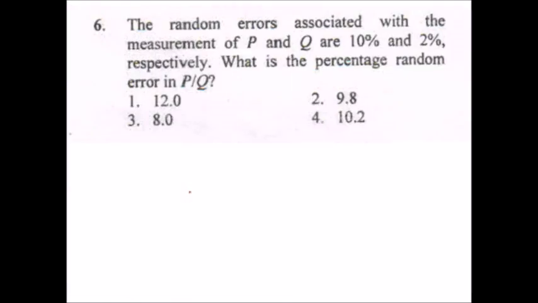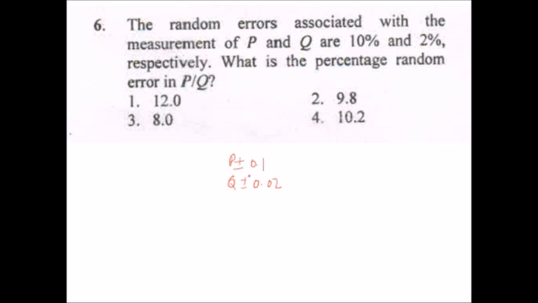This question I haven't been able to solve, but as far as my knowledge is concerned, whenever you divide any measurement along with its error, we can express 10% as 0.1 error and Q as plus minus 0.02 error.